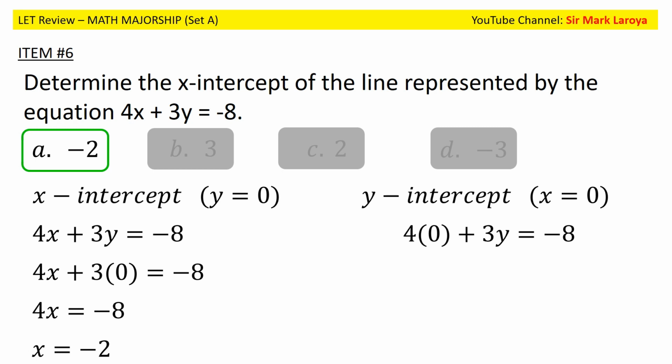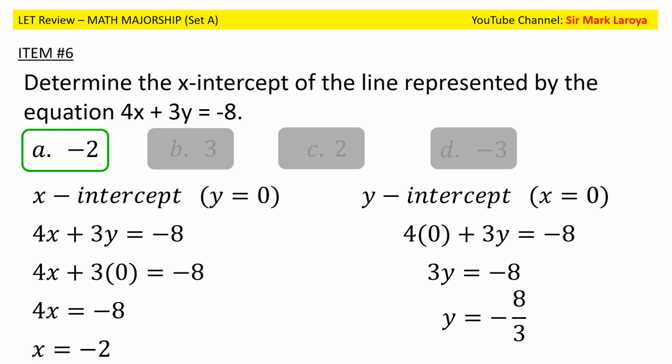So, this becomes now 4 times 0 plus 3y equals negative 8. So, this becomes now 3y equals negative 8. So, divide both sides by the coefficient of y, 3. Our y now is equal to negative 8 over 3. That y is our y-intercept.